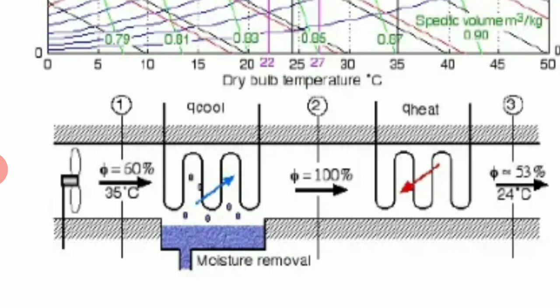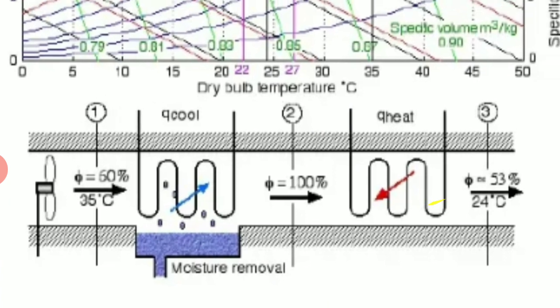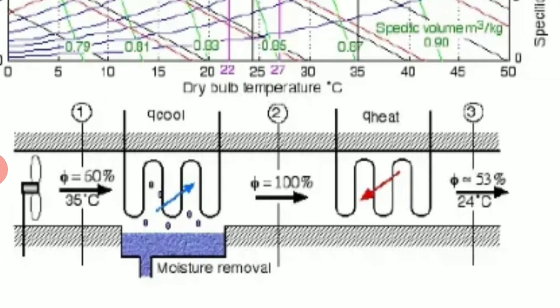When it comes out, the relative humidity will be 100%. Then that 100% air enters the heater. Then I am getting the final condition of 53% and 24 degrees Celsius.